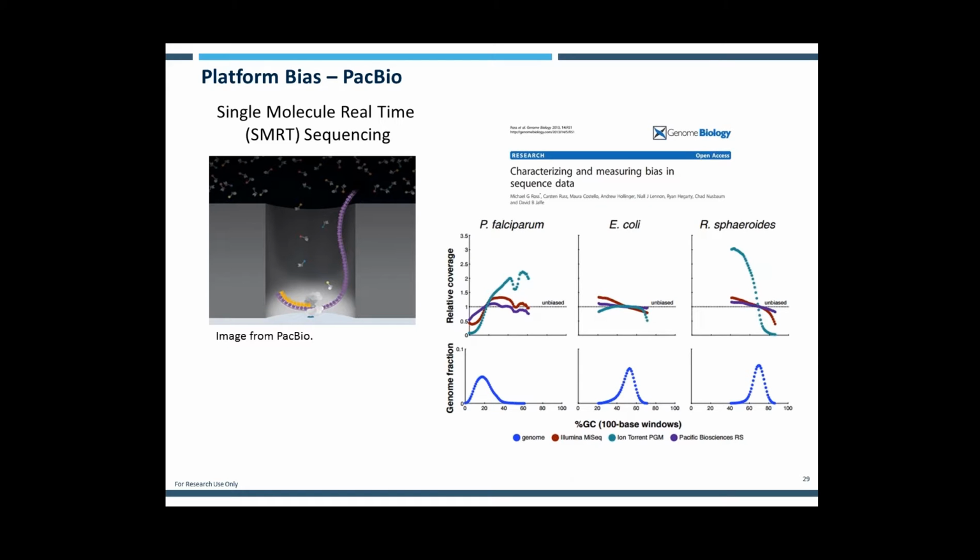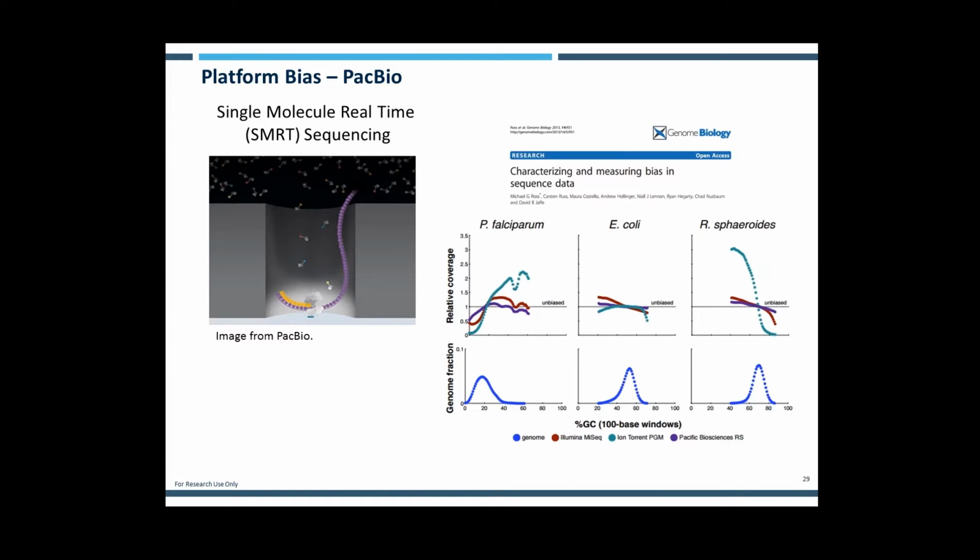And so that allows the base that's being incorporated to be identified. So when that nucleotide is incorporated by the polymerase, then the fluorophore is cleaved and it diffuses away. The specific base is identified based on the fluorescent tag that's detected, and so then the software generates a set of reads for each molecule. And PacBio SMRT sequencing touts impressive read lengths, averaging 10 to 15 kb in length.